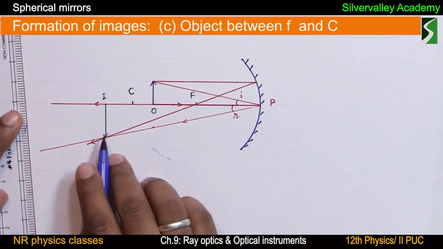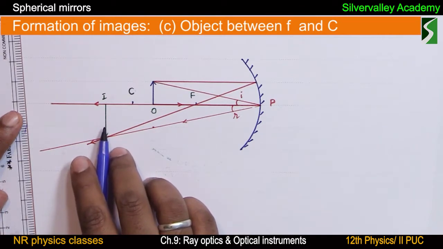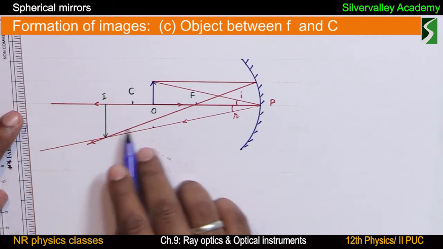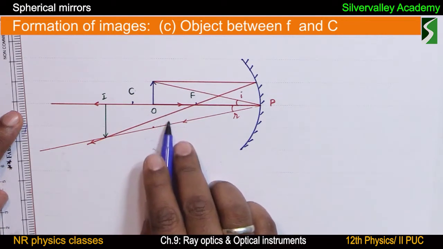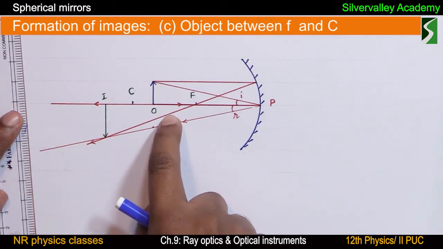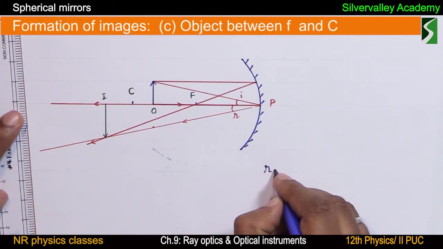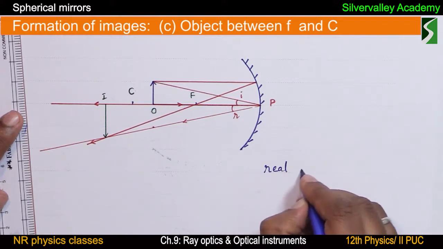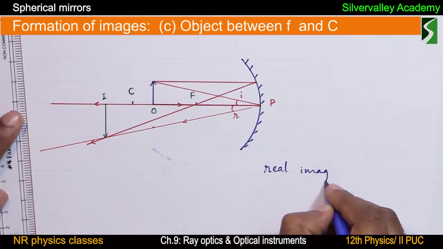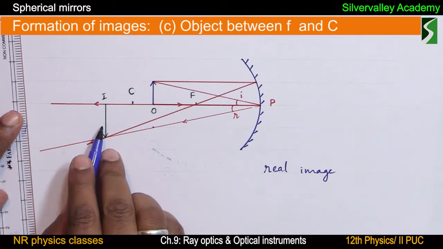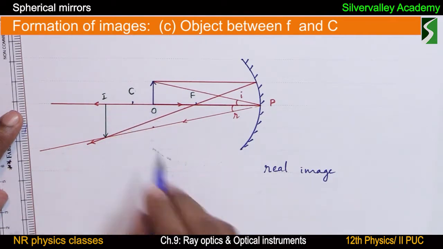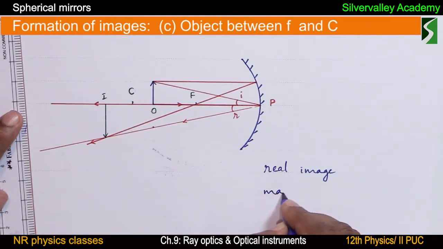Now, looking at the image, identify the nature. The image is obtained by converging rays. See, these two are reflected rays. These two are converging. Therefore, it is a real image. You can see the image is bigger than the object, so magnified.